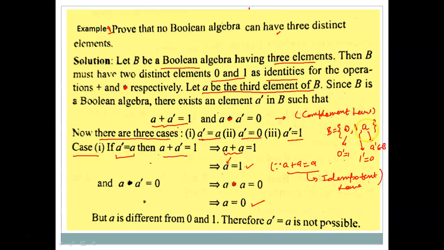But we have already assumed that if the Boolean algebra B has three distinct elements, then definitely A is neither equal to 1 nor equal to 0. So that is a wrong statement, a wrong expression we are getting, that A equals 1 or A equals 0. Therefore, A complement equal to A, what we assumed in case 1, is not possible at all.